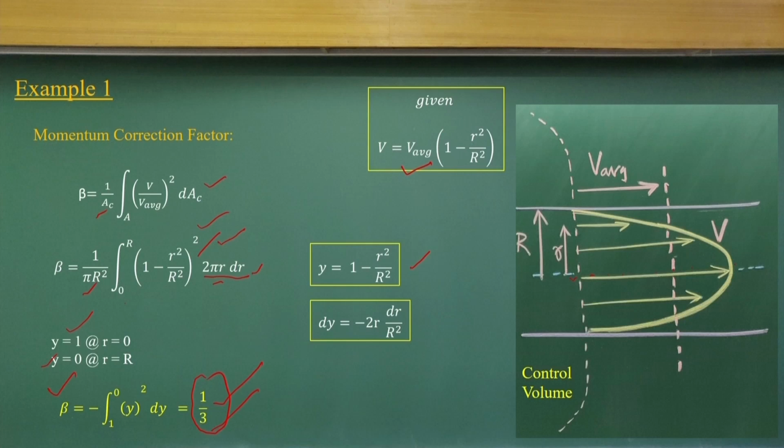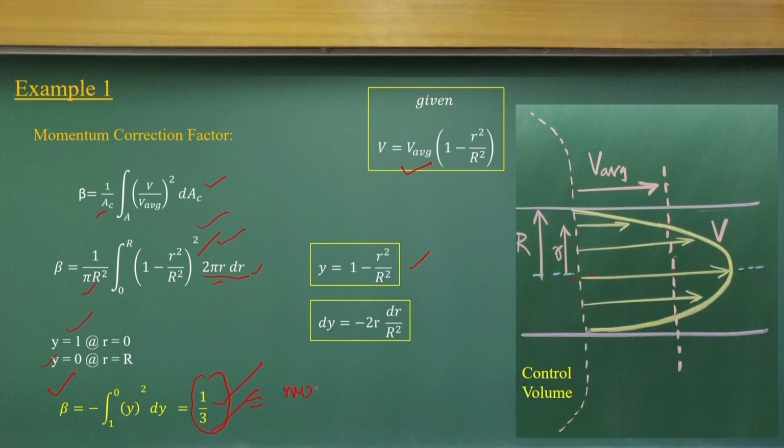That means if you compute the momentum flux using the average velocity, the actual momentum flux going through that surface, if it follows these velocity distributions, will be 1/3 of that.